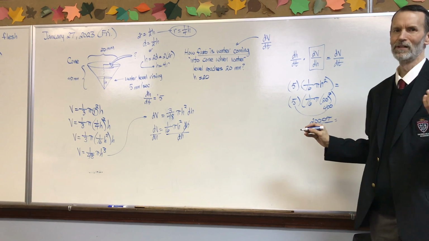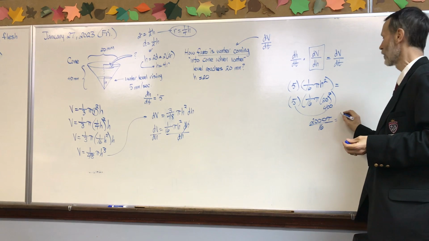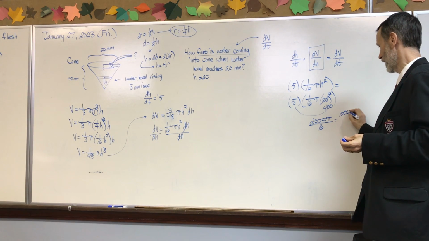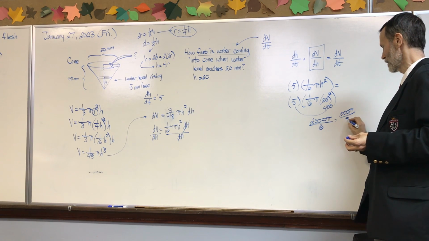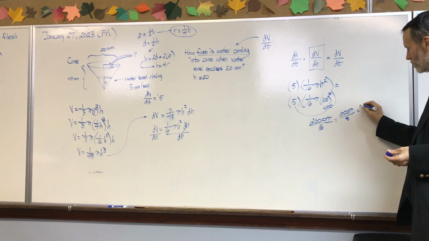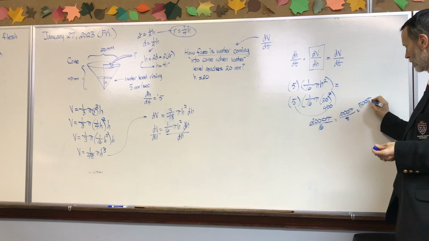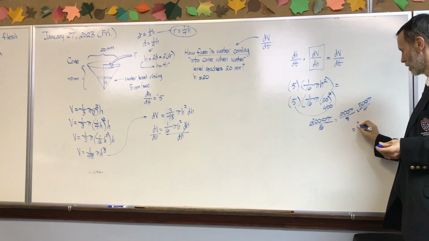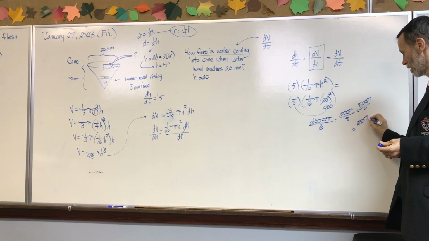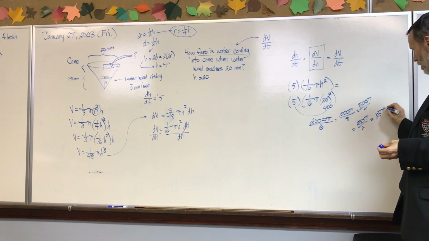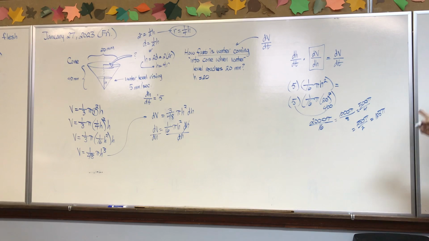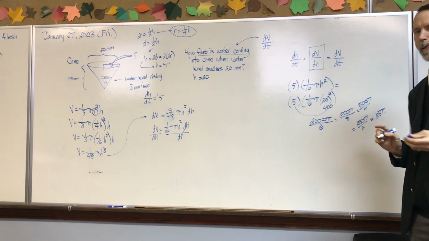Do it piece by piece. You just take them in half. So 1,000 pi over 8. Keep going. Then 500 over 4, 250 over 2, and then 125. That's your answer.